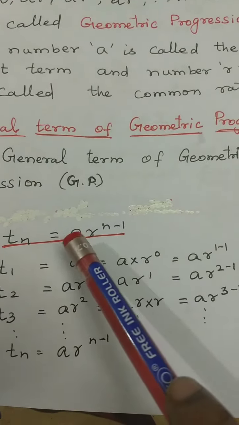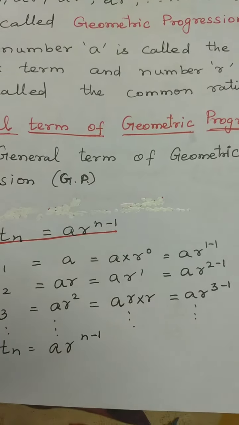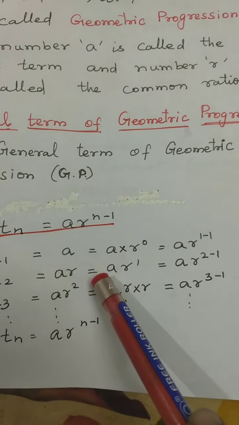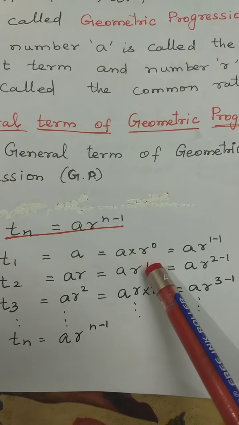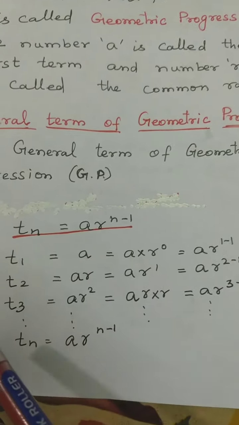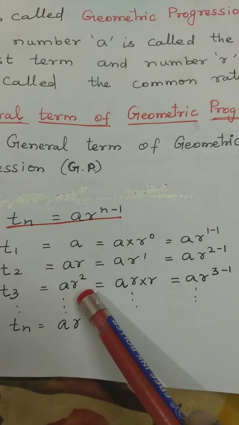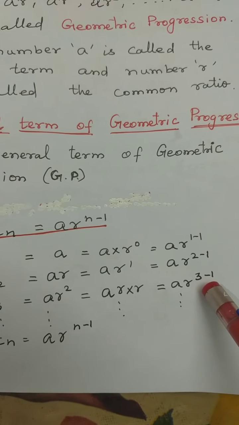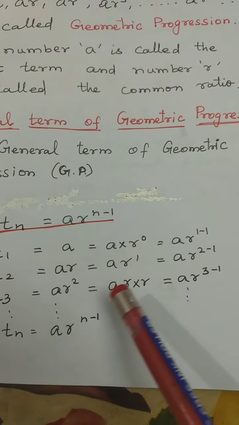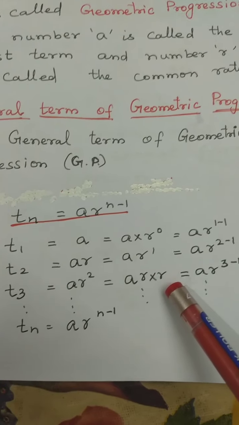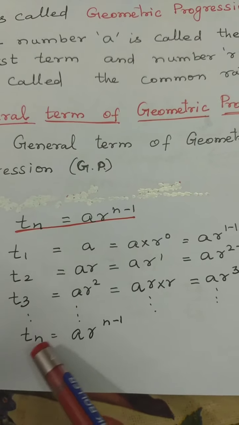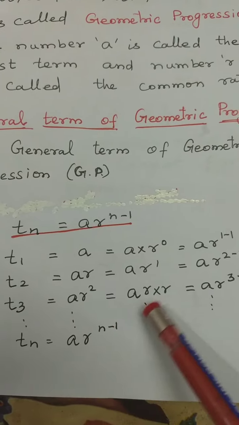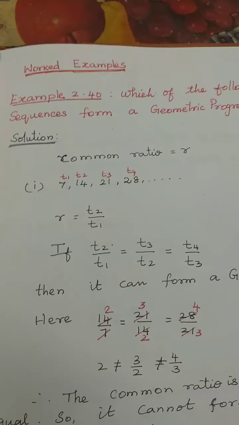T2 is equal to a r power 2 minus 1, that is a r power 1. a r is the second term. Then third term is a r square, so a r power 3 minus 1, so a r square. Okay. Then the general term is Tn is equal to a r power n minus 1.